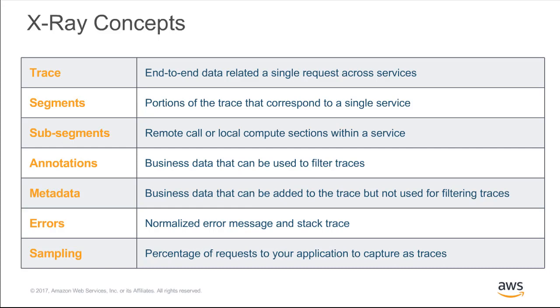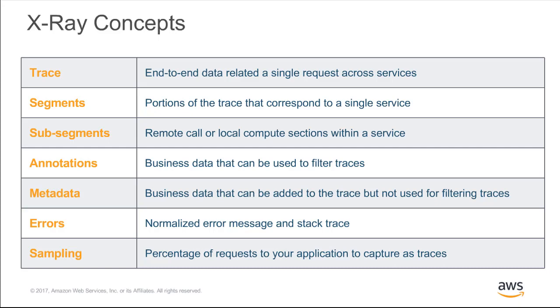The two differences between annotations and metadata is that annotations are indexed, metadata isn't. So you cannot use metadata to search for transactions. The other difference is that metadata allows you to store objects in the value instead of just strings, ints, and bools. So essentially enabling you to add richness to the trace, add more context to the trace.